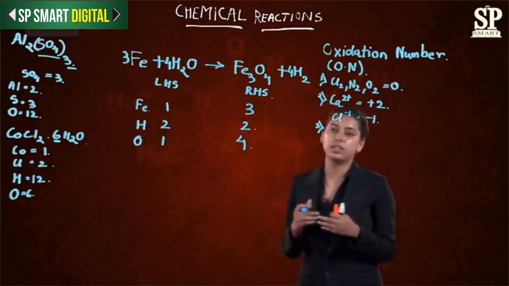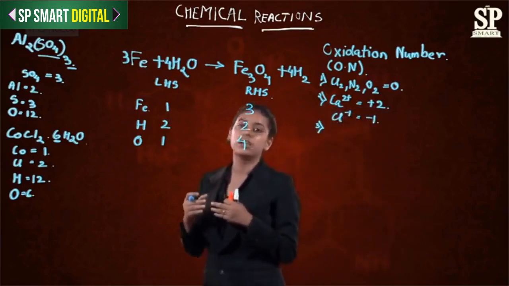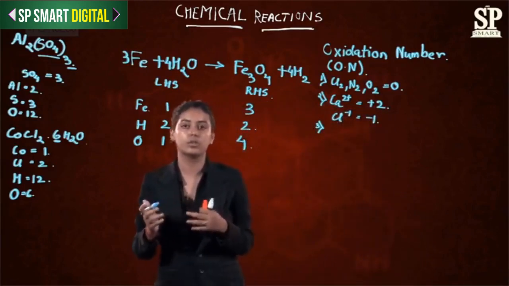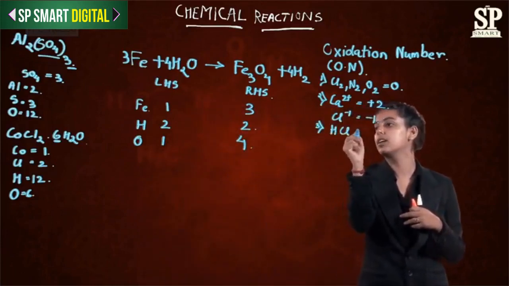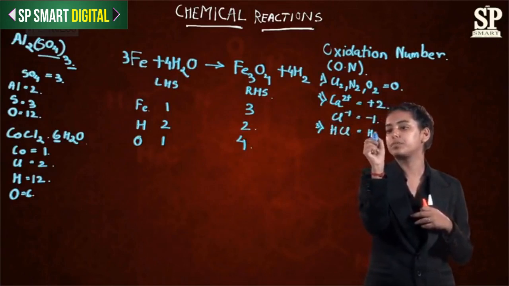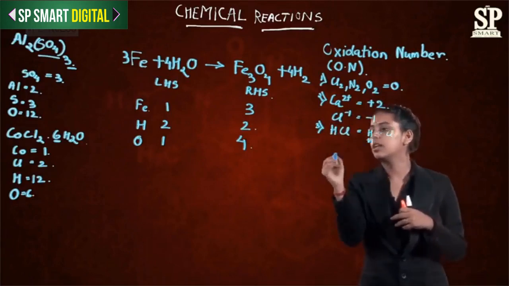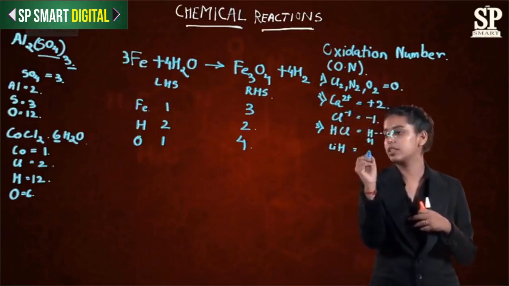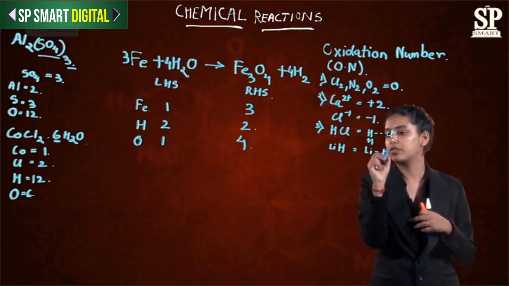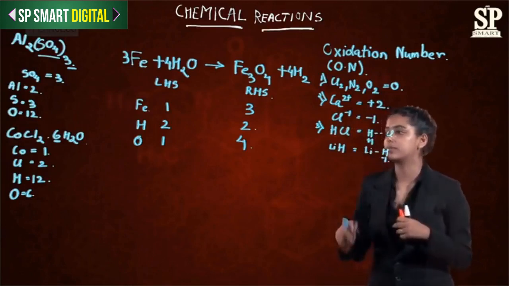On the other hand, when hydrogen is combined with a metal, the oxidation number of hydrogen will be negative. The example being, in case of hydrochloric acid, the oxidation number of hydrogen is +1. In case of lithium hydride, the oxidation number of hydrogen is -1.